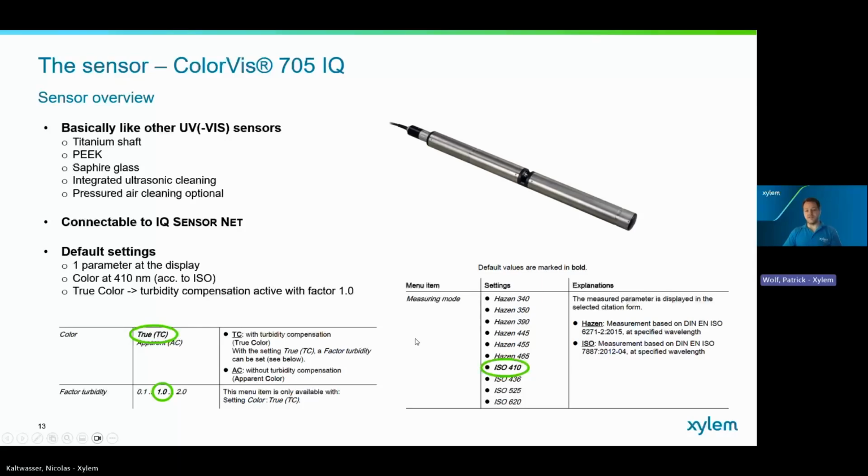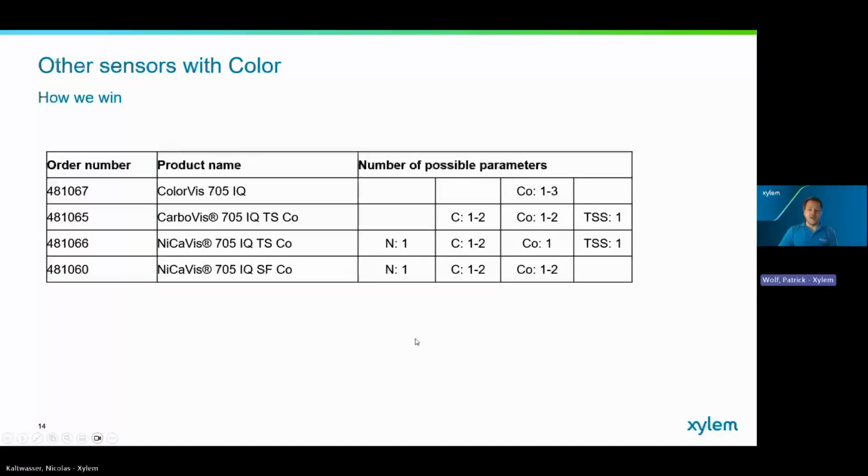So on the next slide, I want to show you on the first line, the ColorVis. This is the one standard sensor to measure color. And you see on the very left, the order number. And on the right-hand side, you see the number of possible parameters you can show. So I mentioned the default setting is just one parameter, but you can show up to 3.